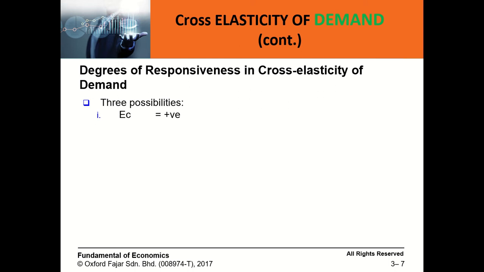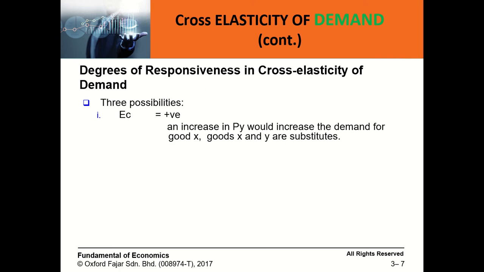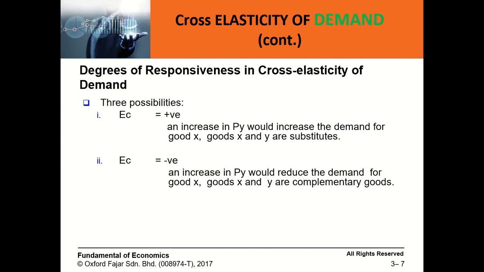If you calculate and the answer is positive, it is called a substitute. What does substitute mean? As the price of good Y increases, the quantity demanded for good Y decreases, therefore the demand for good X increases. So the relationship between the price of good Y and the demand for good X is always positive, therefore the value is positive. On the other hand, if you get a negative answer, it is called a complementary good. Why?